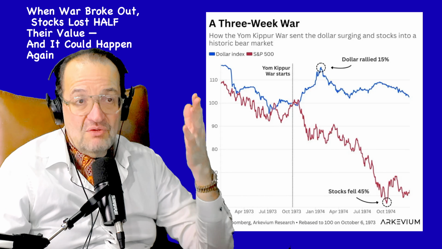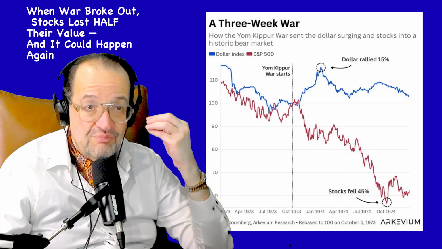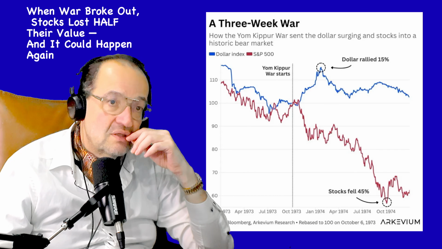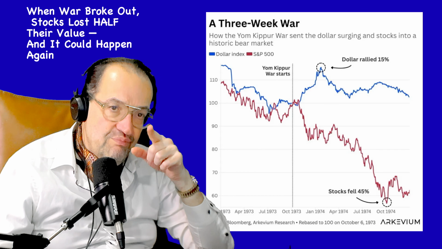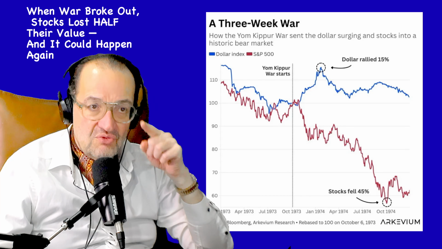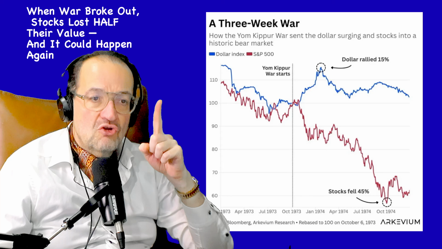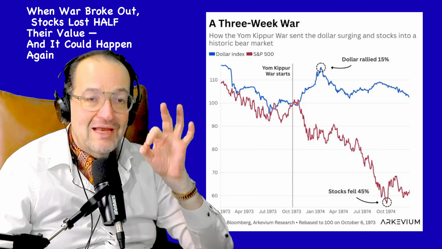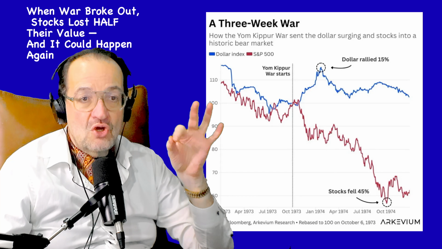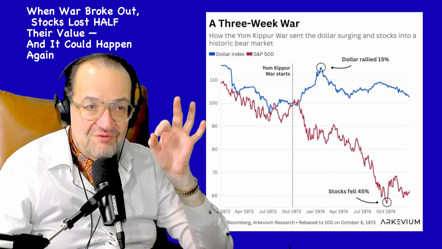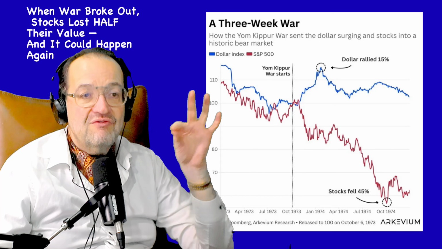Now, there's something really fascinating that most people completely miss when they look at this chart. I want you to burn this into your memory because it's one of the most important relationships in all of investing. The dollar and stocks move in opposite directions. When the dollar surged by 15%, stocks crashed 45%.